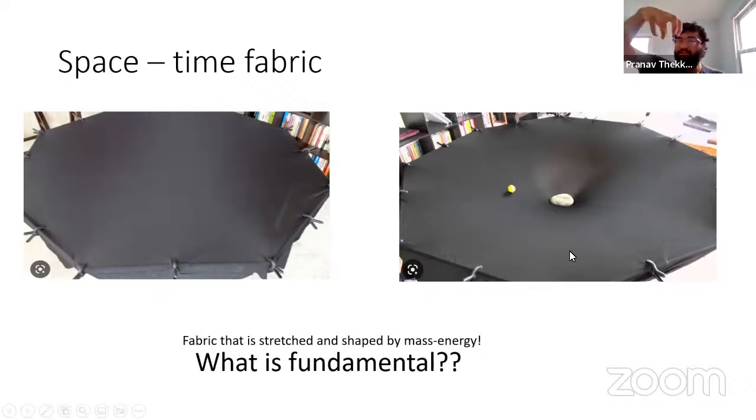You see there's a rock that is placed over here. As soon as you place a rock over here, the sheet bends around, right? Think of this rock as nothing but energy. What really governs the motions of space and time is the energy around, which we call mass energy. It's this energy that governs these equations of space and time.